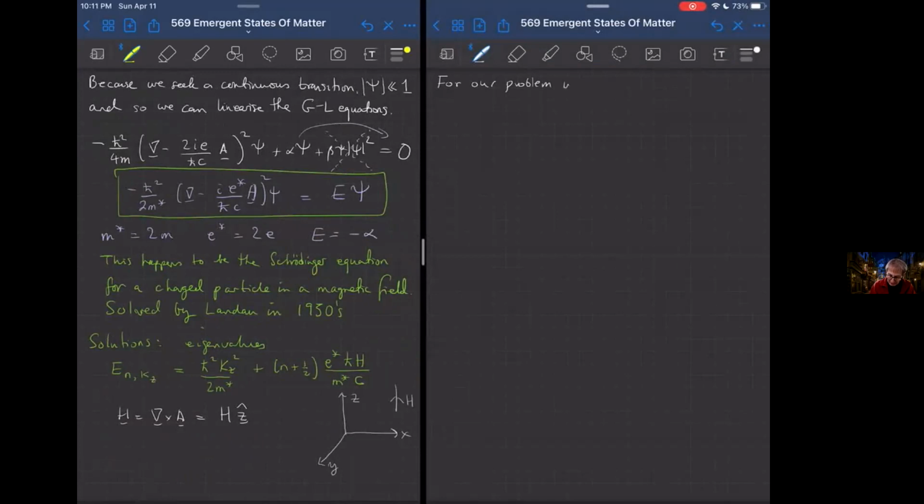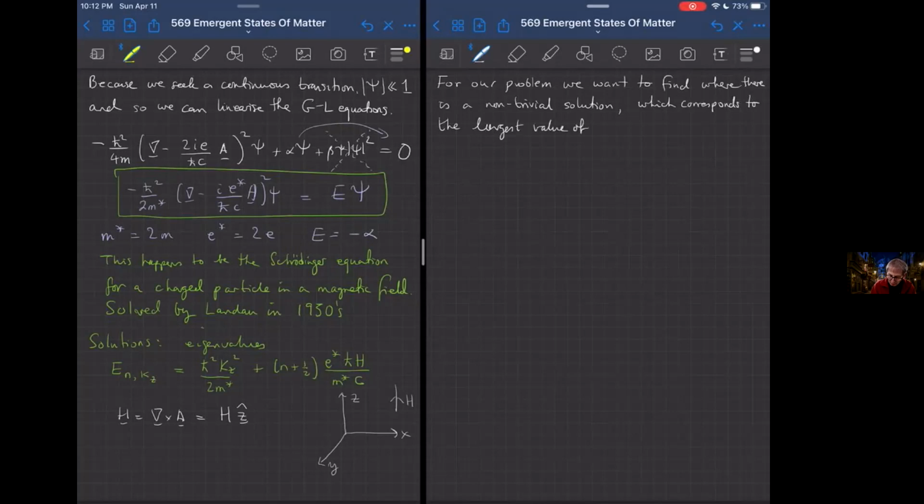For our problem, we want to find when there is a non-trivial solution, which corresponds to the largest value of H, the external field, for which psi is non-zero.